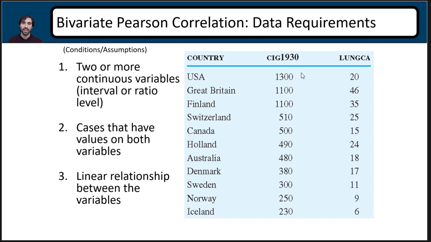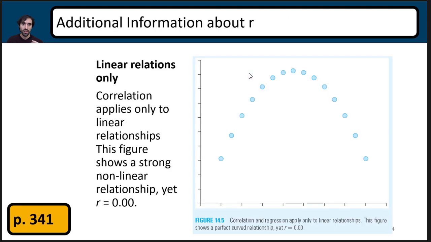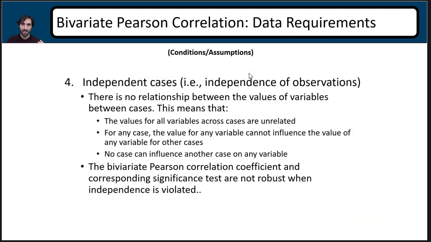So we can look at cigarettes in 1930, and then cigarettes in 1931. Well, you could, because those are 2 different time frames. However, they just cannot be dependent. They have to be unrelated, and they also can't influence one another.